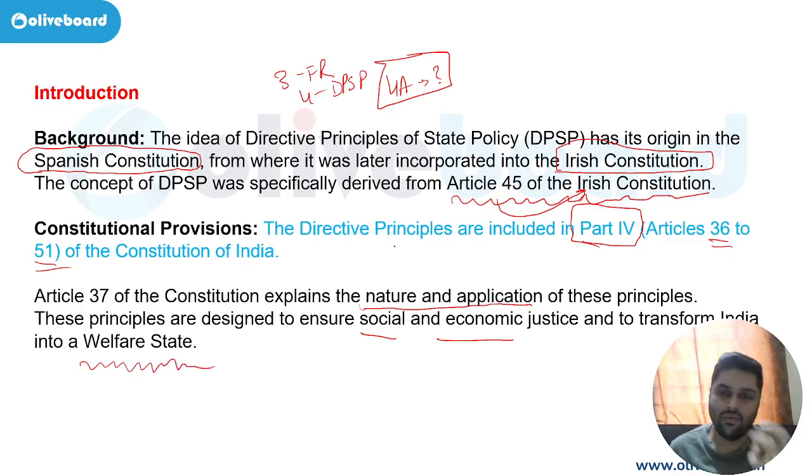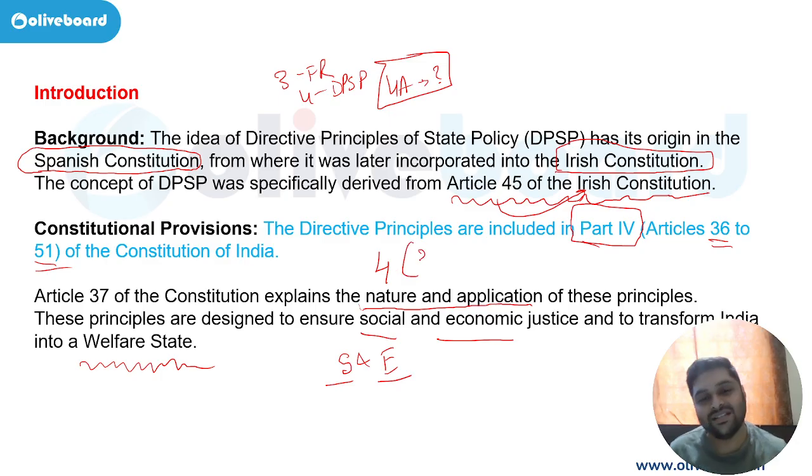A welfare state is the one which helps its people, especially poor people, to rise up in society by giving them public services. So what types of justice do DPSPs deal with? Social and economic. Part 4 of the Constitution, please remember Article 36 to 51.